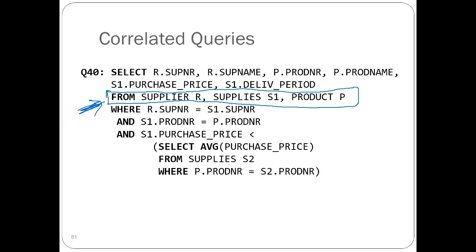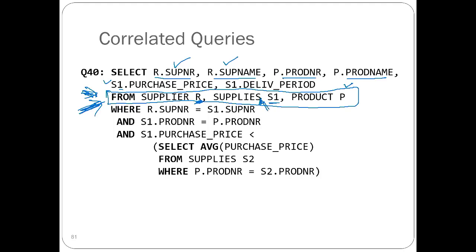Okay, so what are we interested in? We are interested in finding out supplier number, supplier name, right? So this R thing you can decode from the from clause. Supplier is called R, supplies is called S1, product is called P. We are interested in supplier number, supplier name, product number, product name, and purchase price, and the purchase price is coming from the supplies table S1.